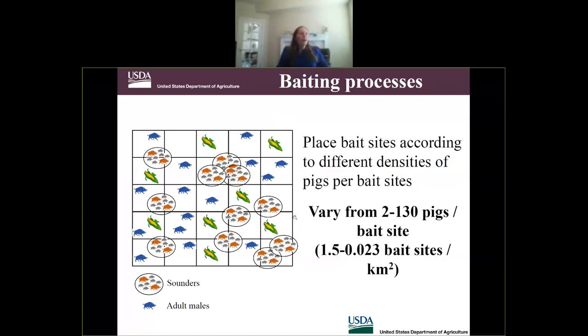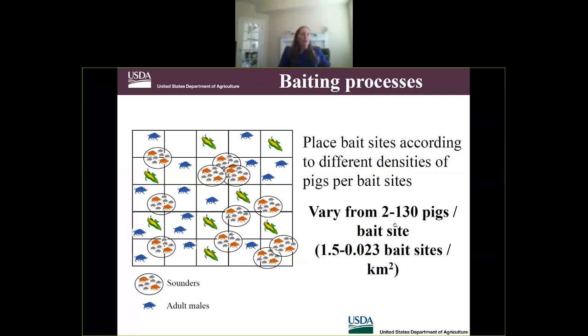Then at the start of the toxicant deployment in this simulated population, we would place bait sites on the landscape according to some density to look into how that density impacted the outcome.